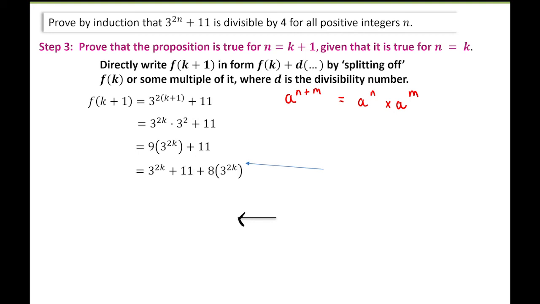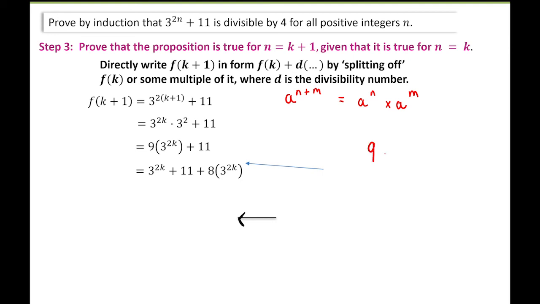We are now going to split off f of k. So we have 9 3 to the power of 2k's. So this is the same as writing 3 to the power of 2k plus 11 plus our remaining 8 times 3 to the power of 2k.